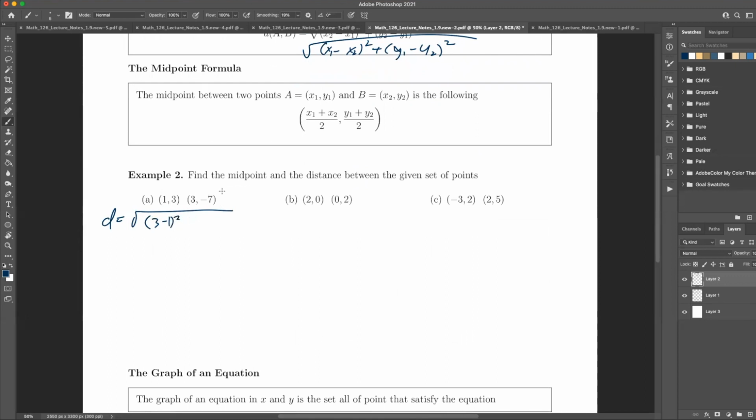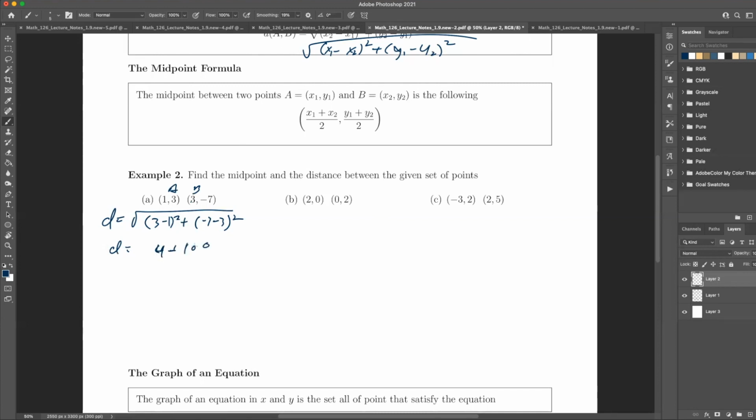So here I'm going to choose this to be my B, this to be my A, just so you can kind of follow along. So it'd be 3 minus 1 squared plus -7 minus 3 squared. So this distance is equal to the square root of 4 plus 100.